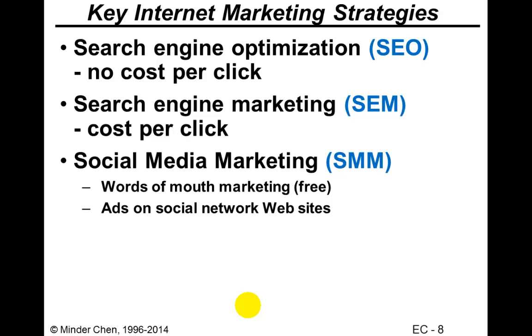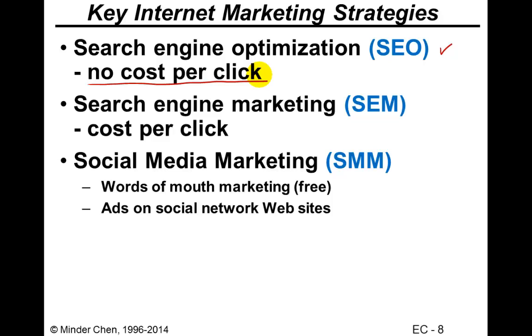So to some extent, there are three areas in internet marketing. One is search engine optimization. If people click on a Google search result through that organic search result, then you don't really have to pay Google, because your page has been clicked by one of its users.